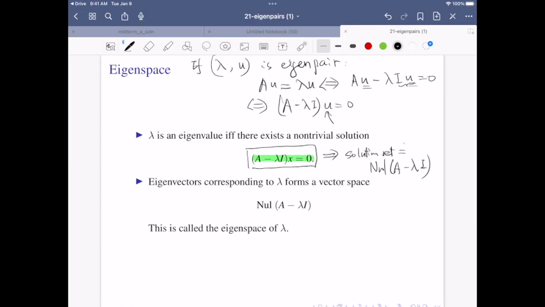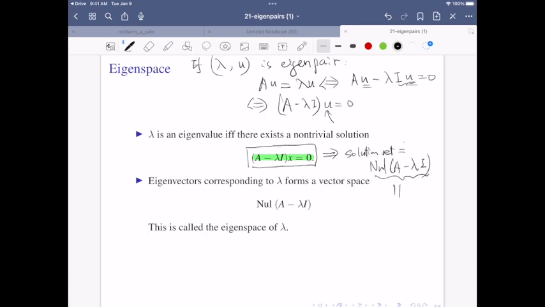And this is basically the collection of all eigenvectors associated to the eigenvalue lambda.